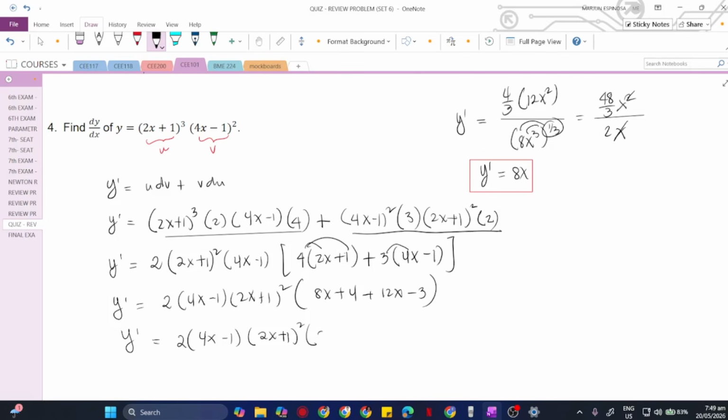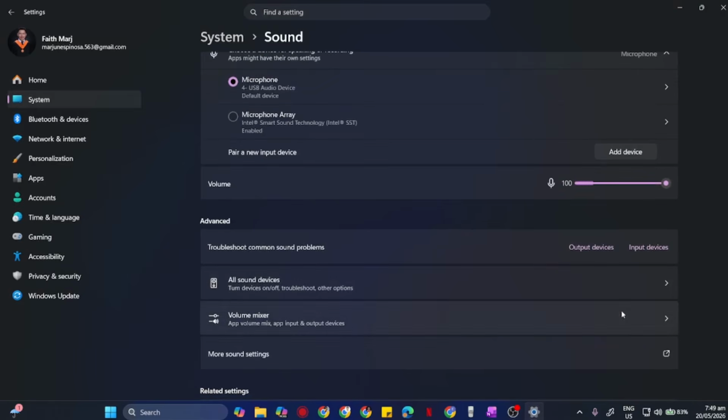And then, ito would be 20x. 4 plus minus 3 would be positive 1. Okay? So, this will now be our final answer for this problem. Okay, that will be our answer for that problem.